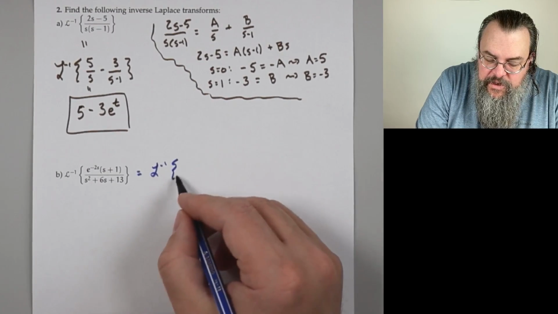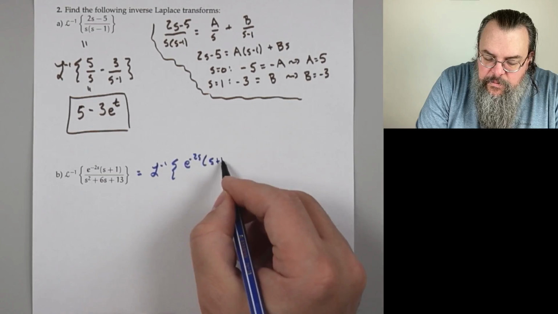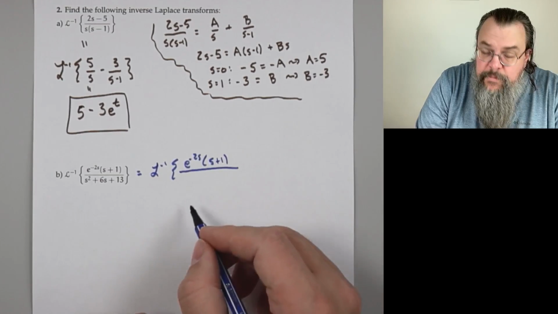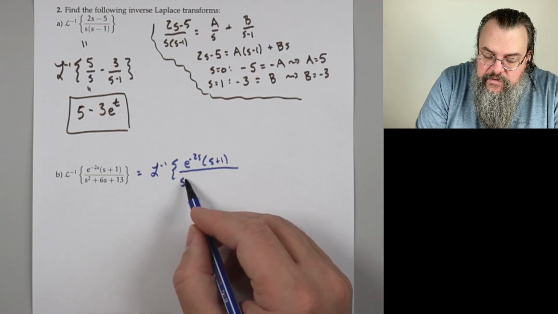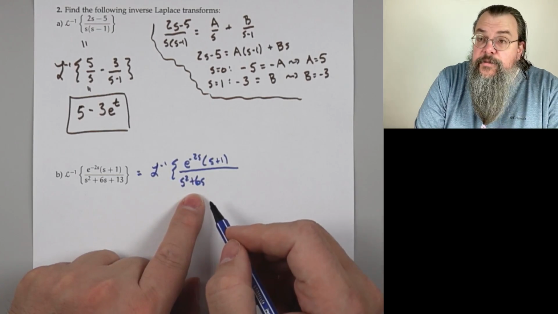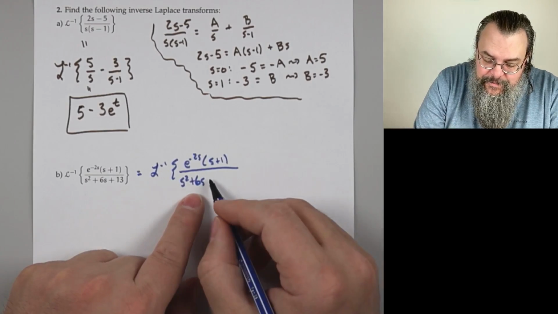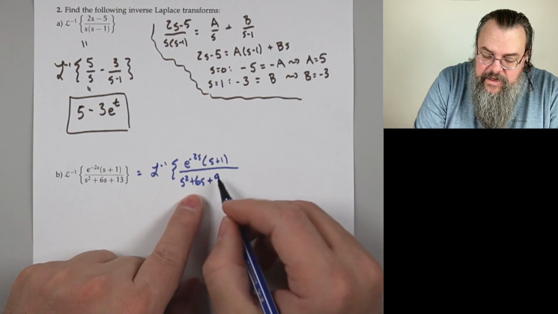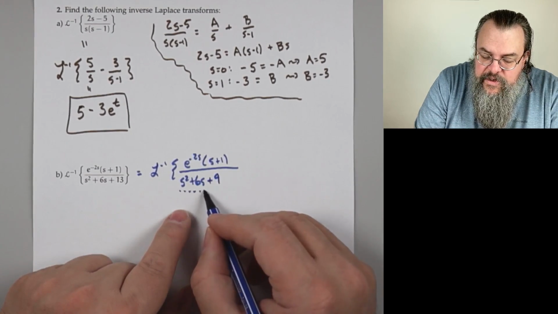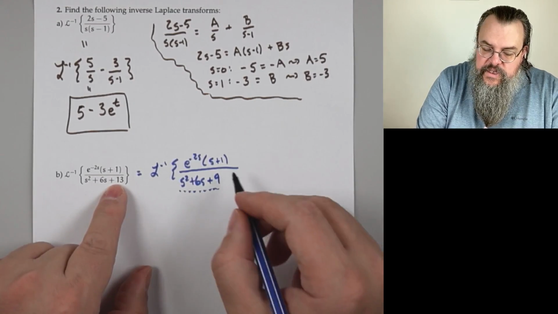So inverse Laplace of e to the minus 2s times (s plus 1). Completing the square, we'd have s squared plus 6s. So take the 6, divide by 2, that's 3. Square it would be 9. So I'd need to add 9, which would make this part a perfect square. But of course I don't have plus 9, I have plus 13. Well, that's okay.